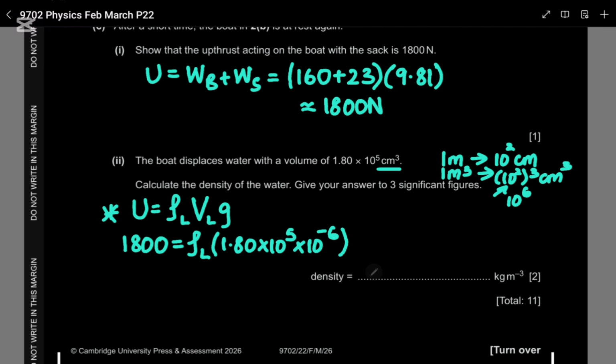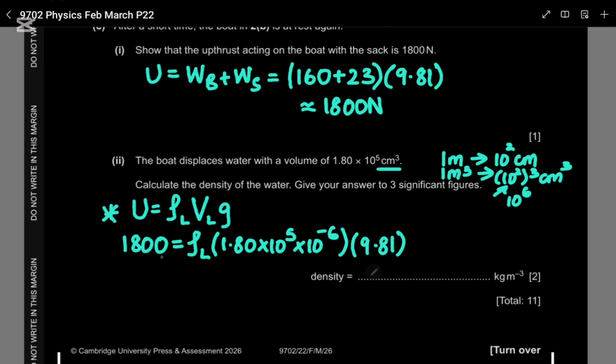So from meter cube to centimeter cube, you multiply with 10 to the power of 6. From centimeter cube to meter cube, you multiply with 10 to the power of minus 6. I hope you know the conversions, I shouldn't be explaining this.